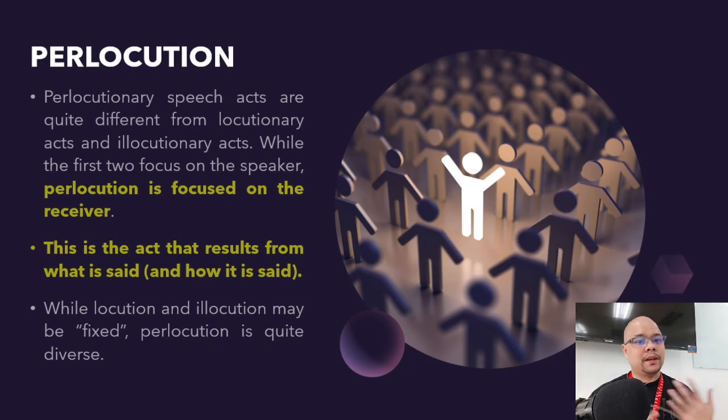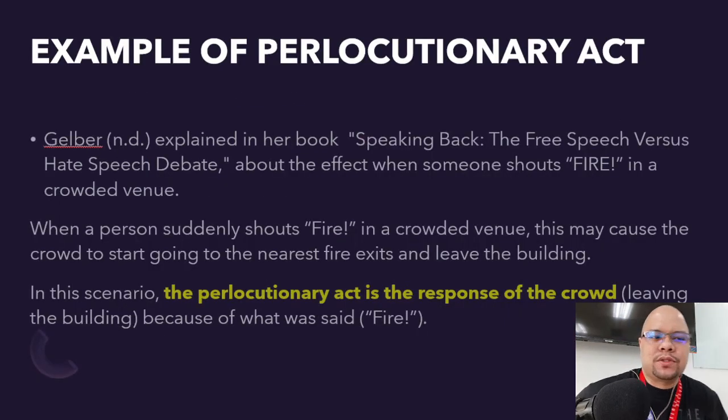Your friends might have a different set of reactions. Some might empathize with you and say, "Oh my God, that's exciting. I feel kilig," and all that. Some other friends might say, "What's new?" As you can see, that alone is an example of how flexible perlocution can be. Not all people will react the same way. So that's why it's quite different from locution and illocution.